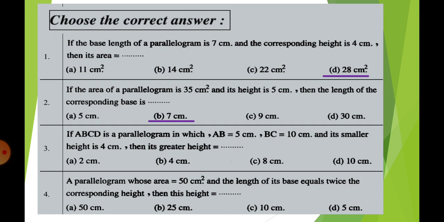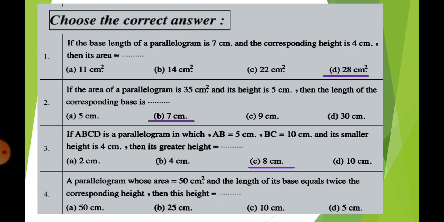Then the area of the parallelogram equals greater base times smaller height. Greater base 10, smaller height 4. The area equals 10 times 4 equals 40. The greater height equals area over smaller base. Area 40 divided by 5 equals 8 centimeter.